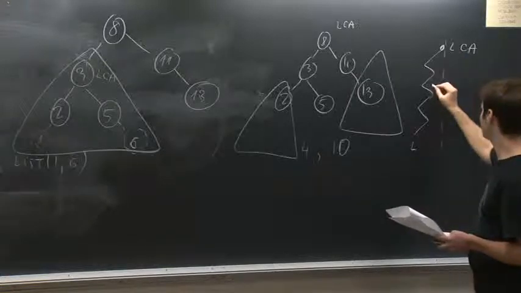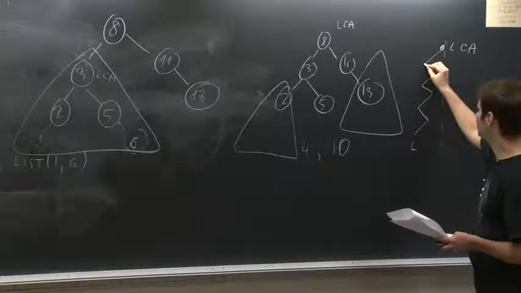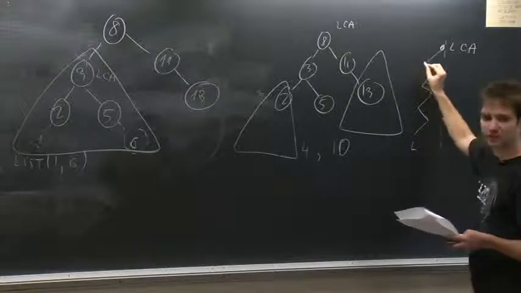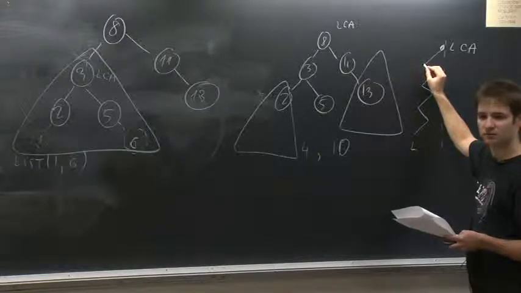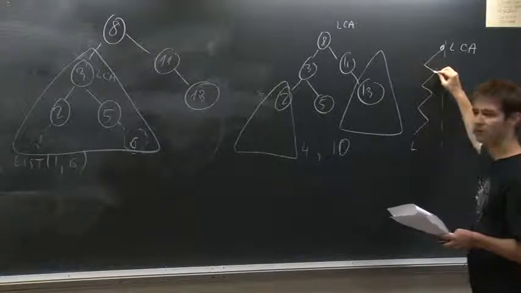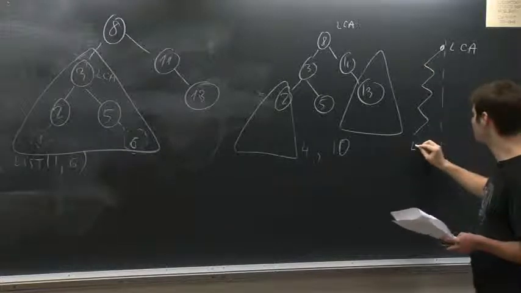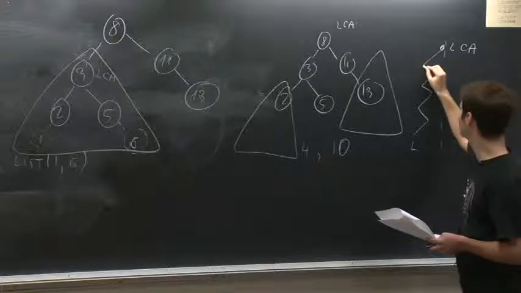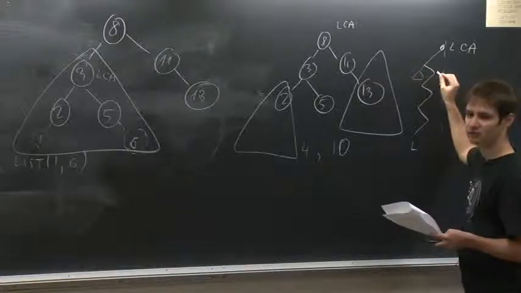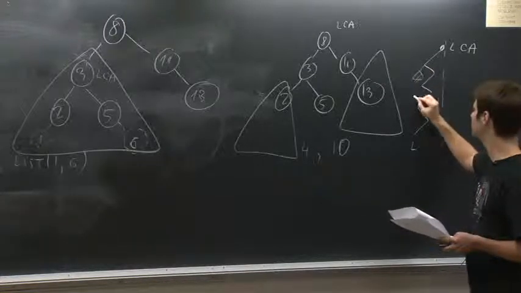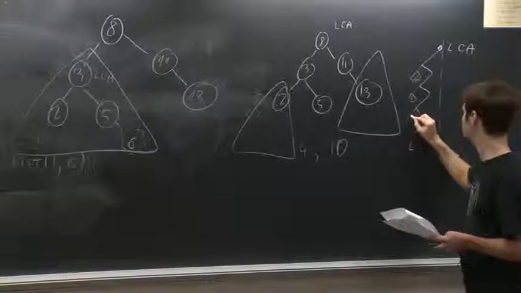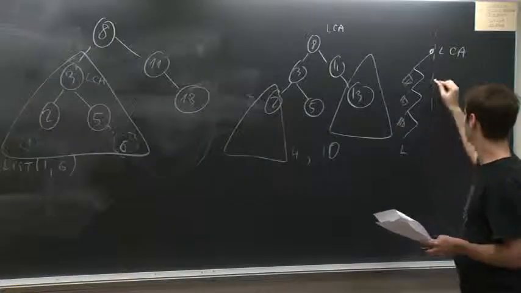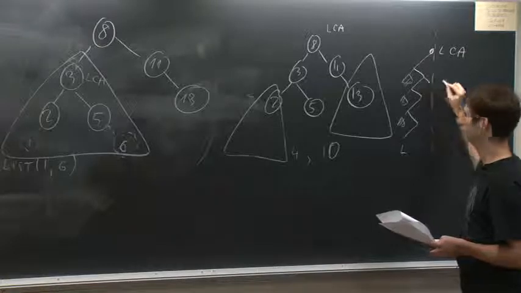When I go down the path, after I go here, would I ever want to go left? So if this node is before a right turn, then I know that L is going to be bigger than that node. Right? So I'm never going to take a left turn. Like this subtree will be pruned, this subtree will be pruned, this subtree will be pruned. Now, if I go right here, what happens?